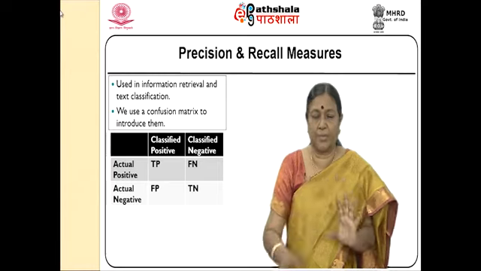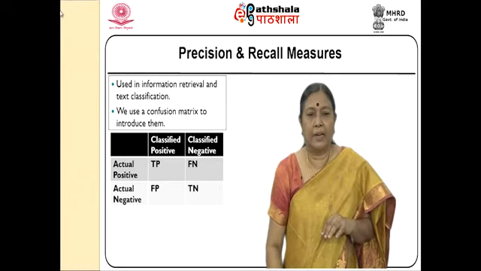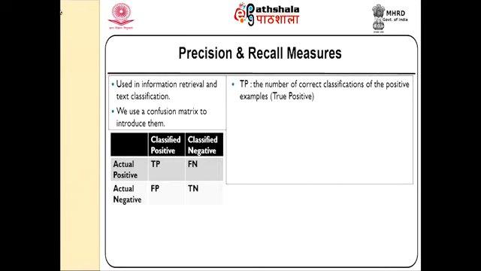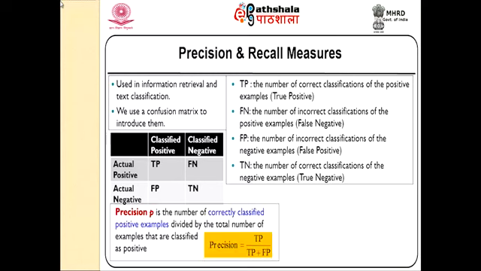So, these are the 4 terms that we are going to use here. Precision P is the number of correctly classified positive samples divided by the total number of examples that are classified as positive, which is TP divided by TP plus FP.